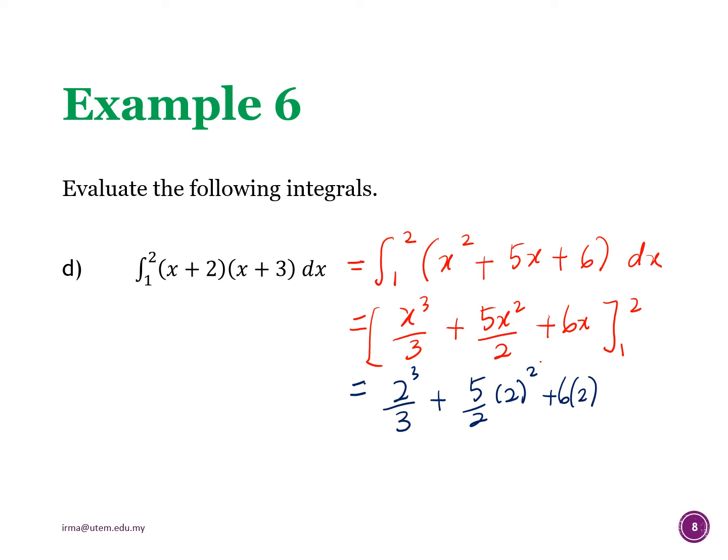And then minus 1 over 3 plus 5 over 2 plus 6. You can solve all the numbers here, substituting the upper and lower limits, and you will get the final answer 95 over 6. You can try this.